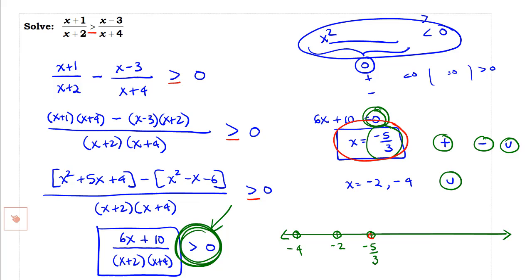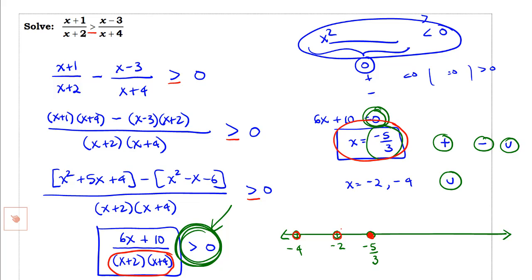So this one will be filled in if I was doing that problem, which we're not. But the denominator still cannot be what? 0. So those are going to be open. Do you see why you have to think and not use a rule? Because I'll bet many of you up until that moment thought, oh, or equal to, you fill them all in. That's the rule. And you don't think. Do you?